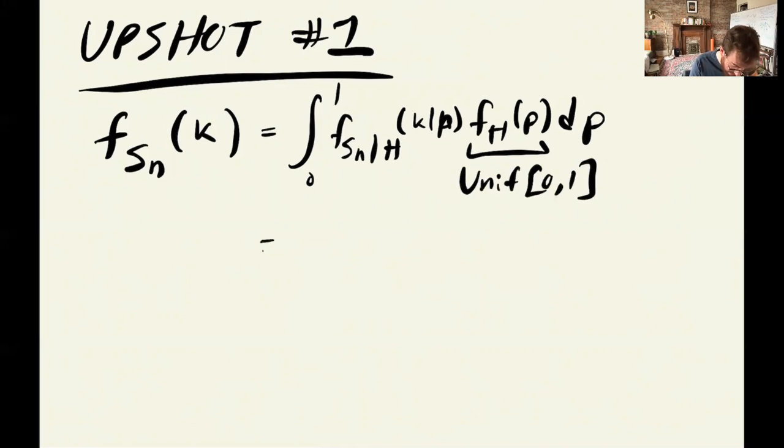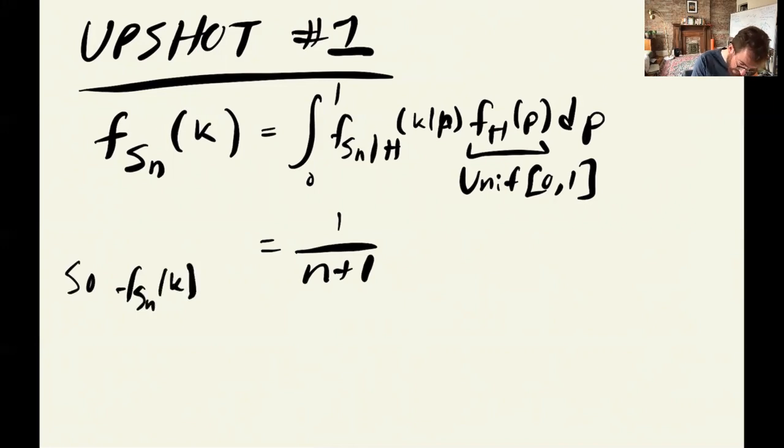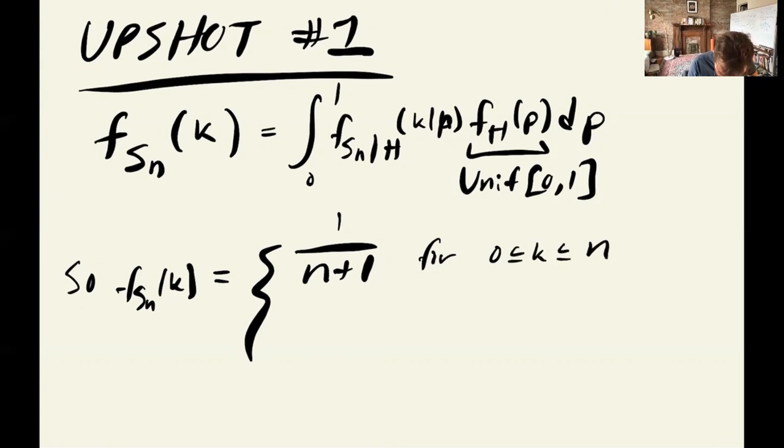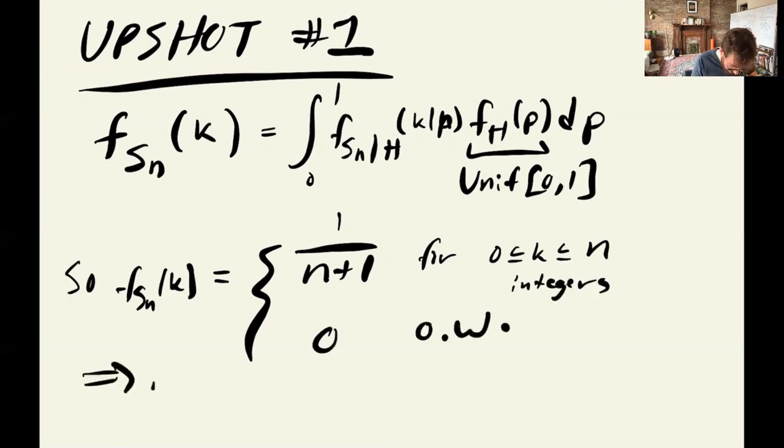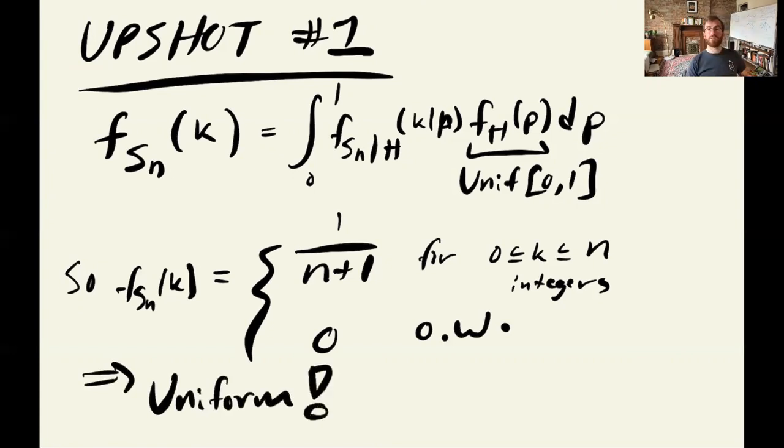This ends up canceling out to being 1 over n plus 1. So I now have that the probability mass function is 1 over n plus 1 for k between 0 and n, where these are integers, and it's 0 otherwise, i.e. it's uniform. Holy smokes, that's really, really surprising.